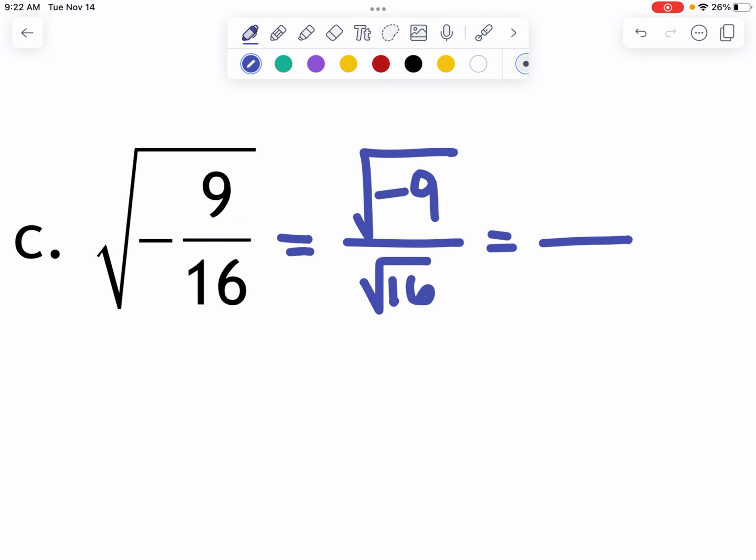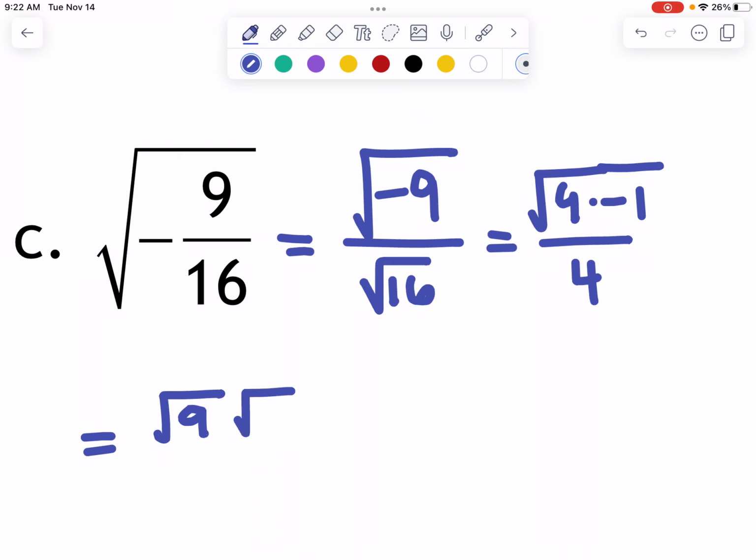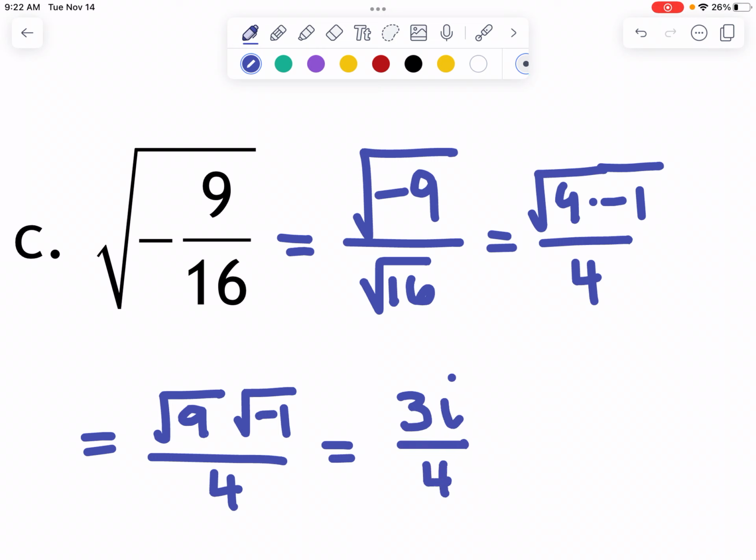To start out, I know the square root of 16 is 4. And the square root of negative 9 is non-real, so I'm going to go ahead and rewrite that as 9 times negative 1, which I can then break out into their own square root houses. And I know the square root of 9 is 3, and the square root of negative 1 is i, and it's still all over 4.